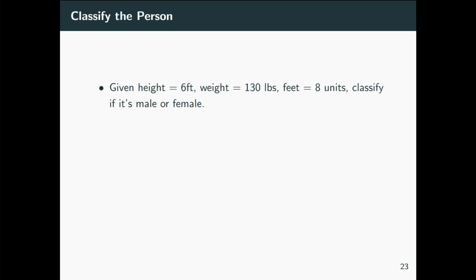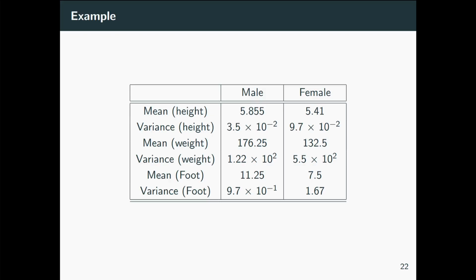Now given a question that the height of a person is 6 feet, the weight is 130 pounds, and the foot size is 8 units, classify this example as female or male. Now without doing anything, we can just look at this particular table.